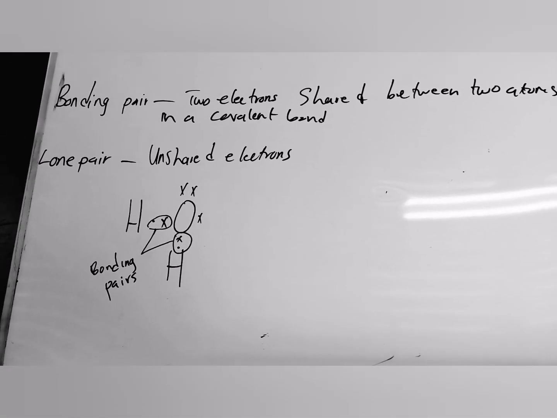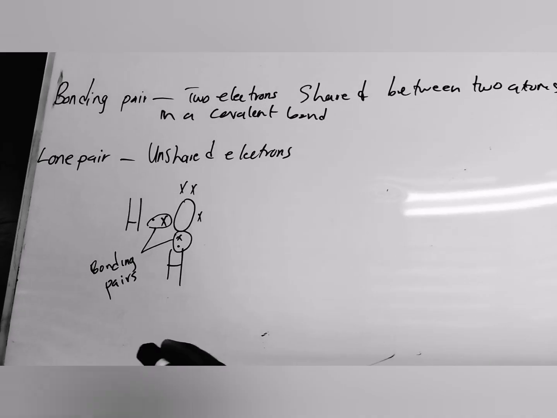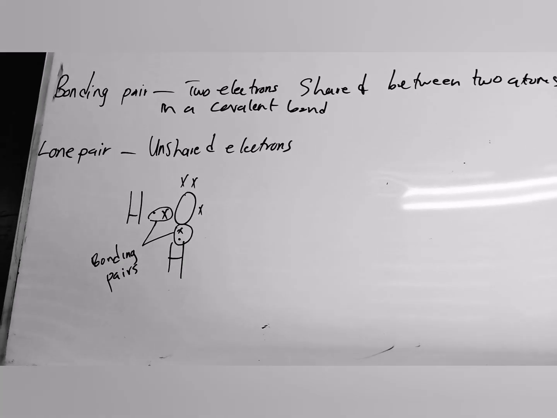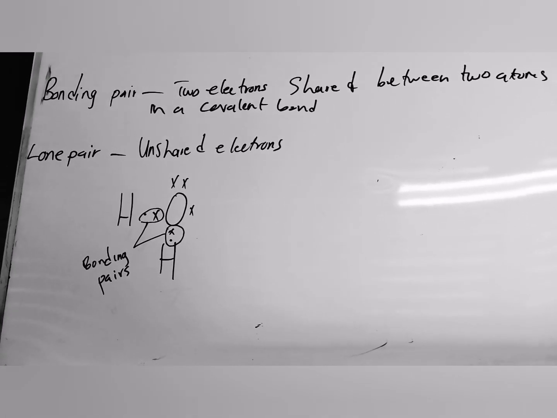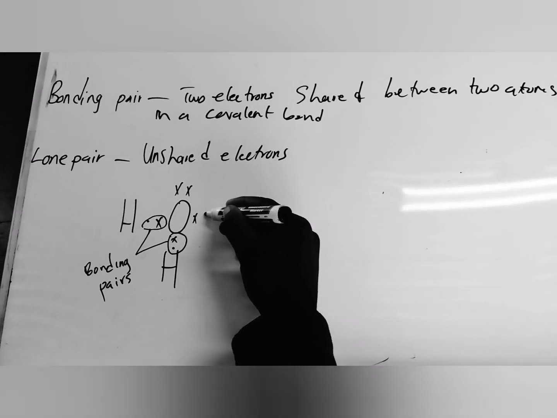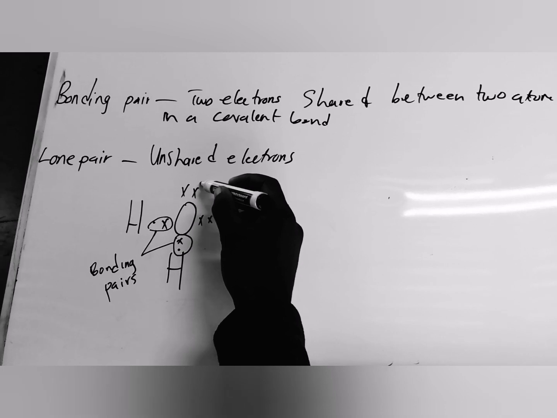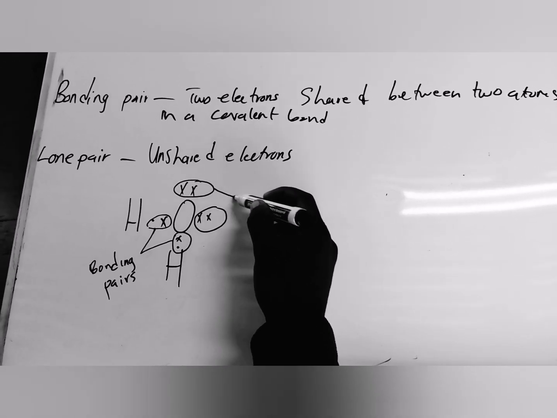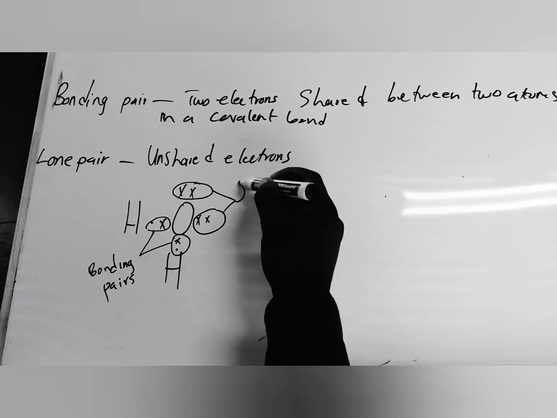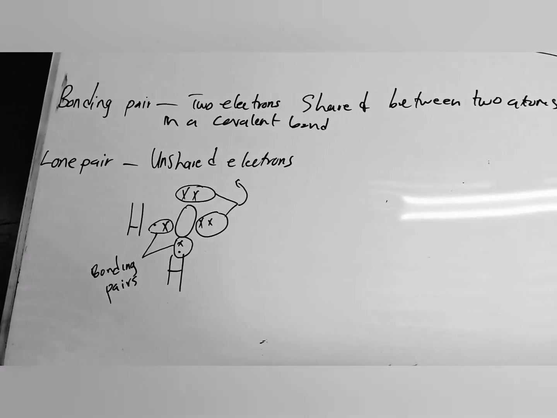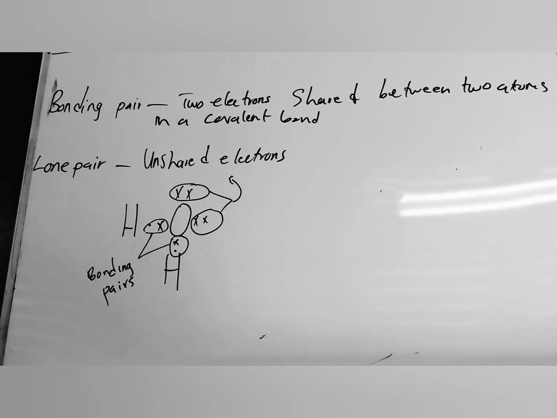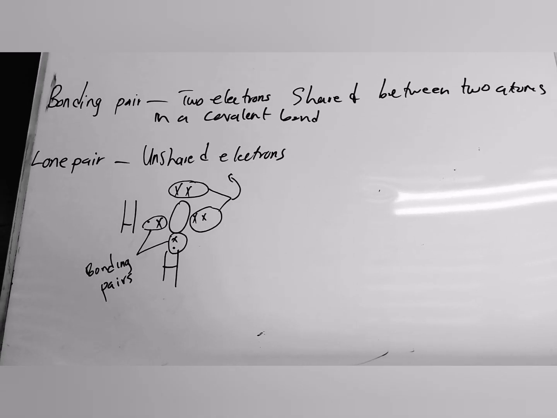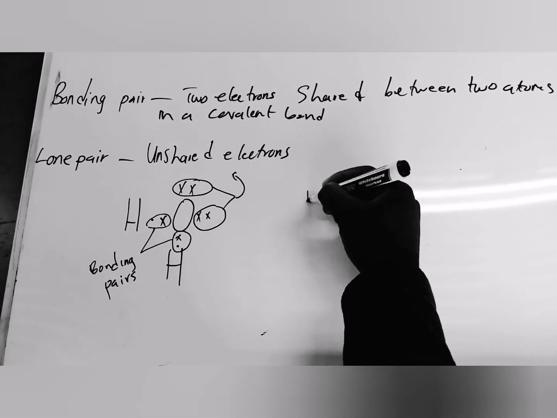Now here, these are lone pairs. We have 2 lone pairs, not 4. Each pair you count once. So we have 2 bonding pairs and 2 lone pairs, not 4 lone pairs. We only have 2 lone pairs on this molecule. I hope you understand that.